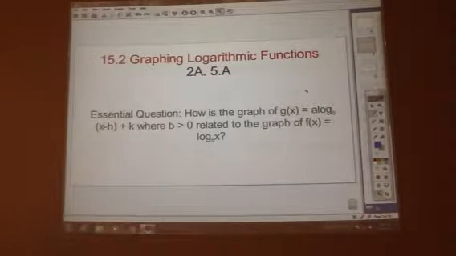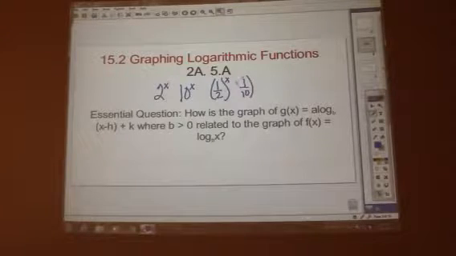The first graph we're going to look at is log base 2 of x. Now we've done 2 to the x, and we've done 10 to the x. We've also done 1/2 to the x and 1/10 to the x. We've also done e to the x.